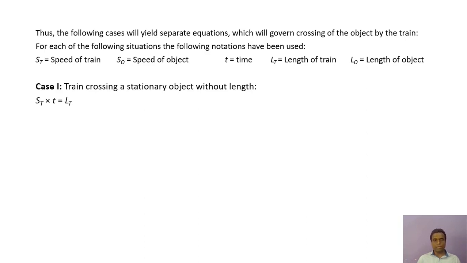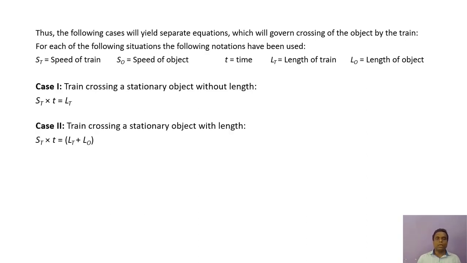So what will be the application of the speed, time and distance formula? Speed of train into time t is equal to length of train. The length of train will be the distance to be covered by the train for crossing that stationary object.